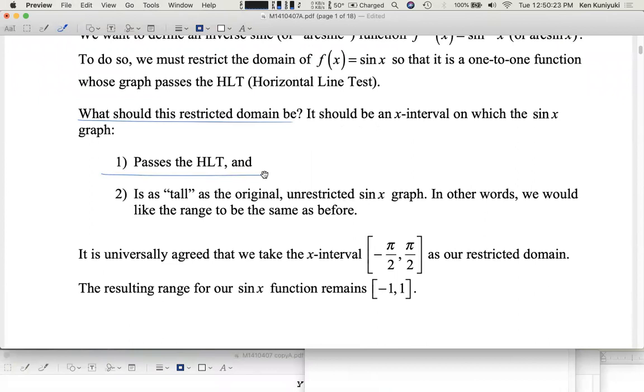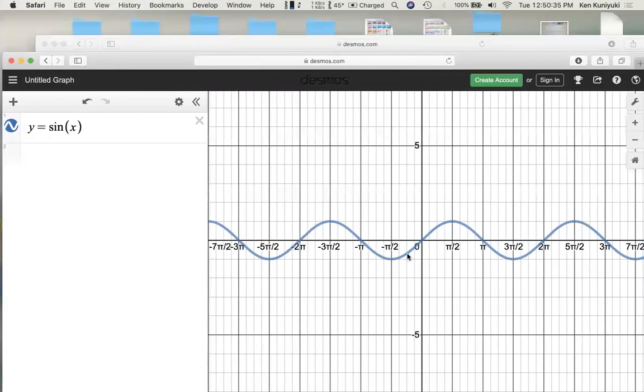That means we can take an inverse. And it has to be as tall as the original graph, meaning that the range is the same as before. Because I could say, hey, the point 0, 0, if I grab that, that passes the HLT. But that's pretty lazy.